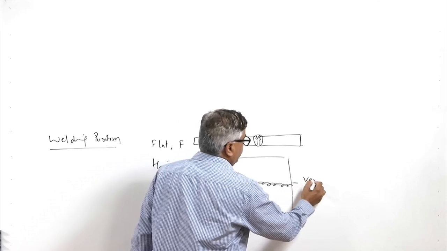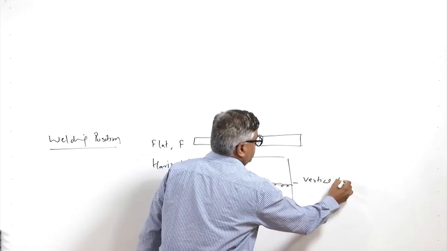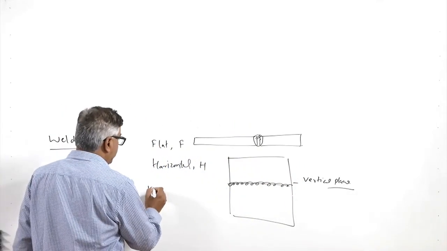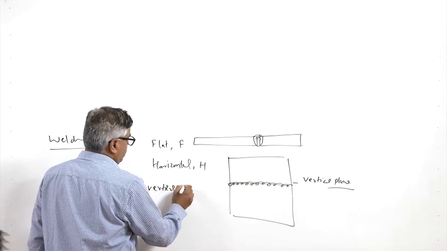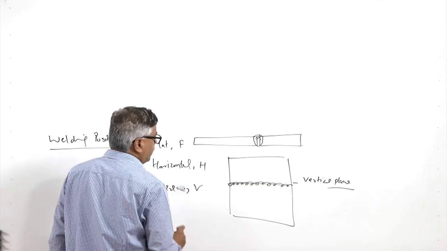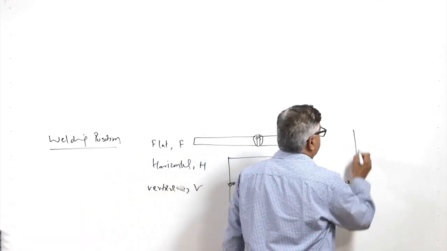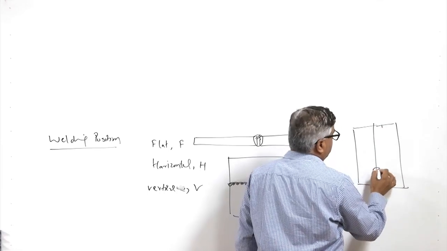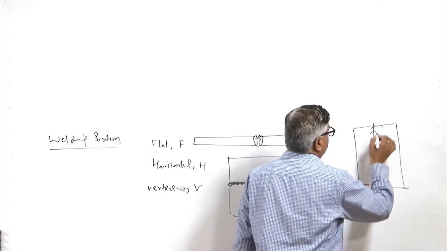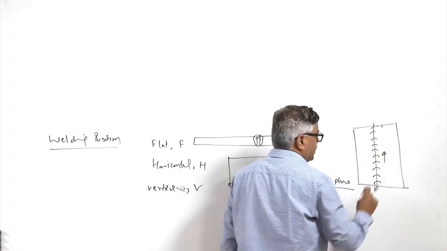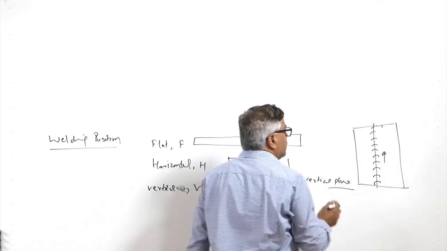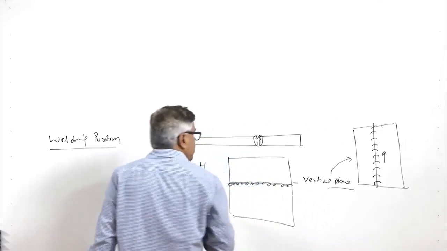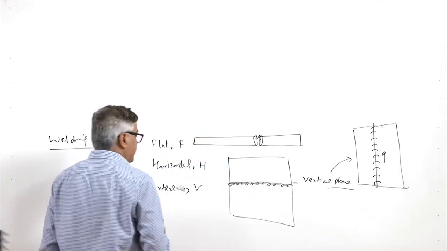While in the case of vertical welding, represented by the letter V, the plates are also in a vertical position like in horizontal welding, but the direction of welding is also vertical, vertically up or down. Either of the two can be used. So, the plates are in a vertical plane and the welding direction is also vertical. That is vertical welding.